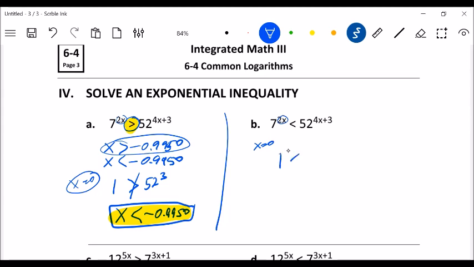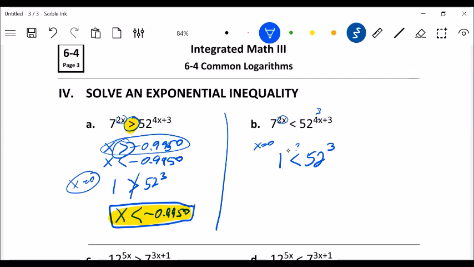7 to the 0 is 1. And is that less than? Well, if I put 0 here, that becomes just a 3, 5 to the third power. I don't need to know what that is to know that 1 is less than that. That means that's a true statement. So numbers that are greater than will make this true.